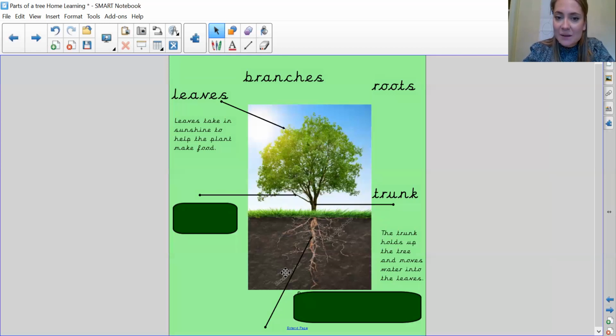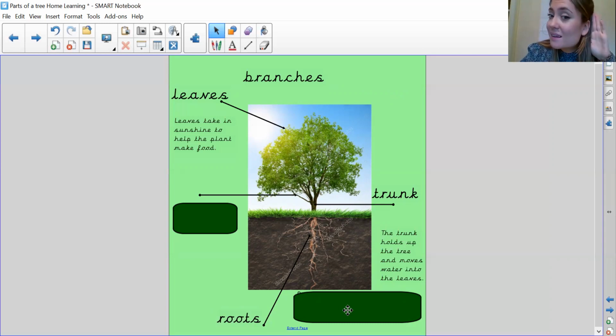Okay, let's have a look down here. Can you tell me what this arrow here is pointing to? That's right, it's pointing to roots. I'm going to move my label here, roots. Can you tell me the job of the roots?